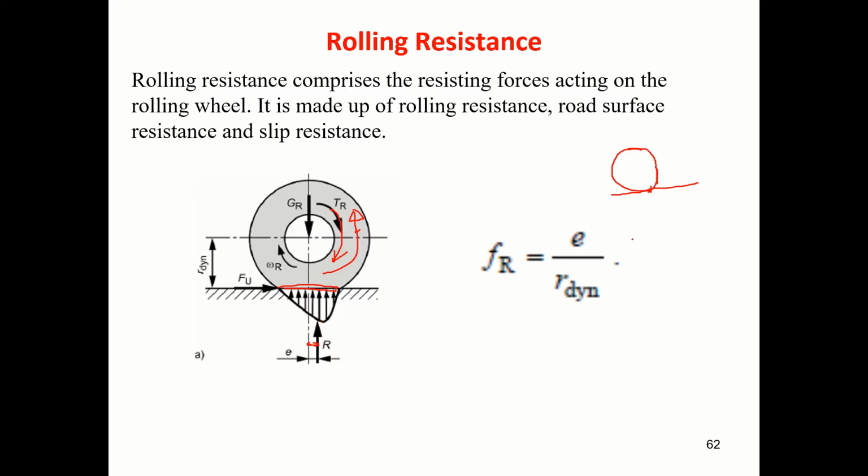Correct? So this rolling resistance we can model as F_r equal to E by R_dyn, where E is this distance and R_dyn is the dynamic radius of the wheel.